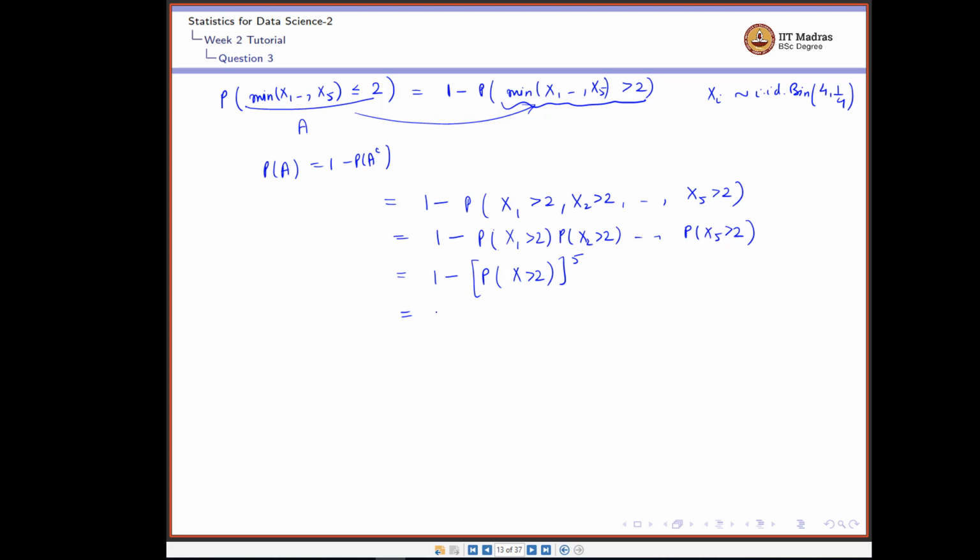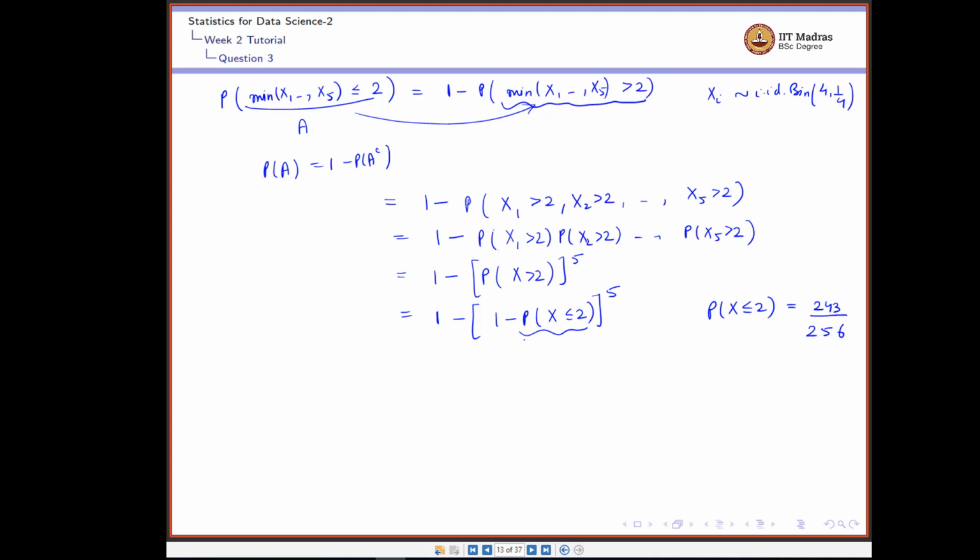Now X greater than 2, we can write as 1 minus the probability that X is less than or equal to 2, all to the power 5. In the previous question we have already found the probability X less than or equal to 2, which came out to be 243 by 256.